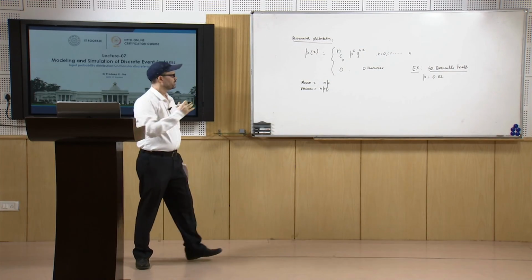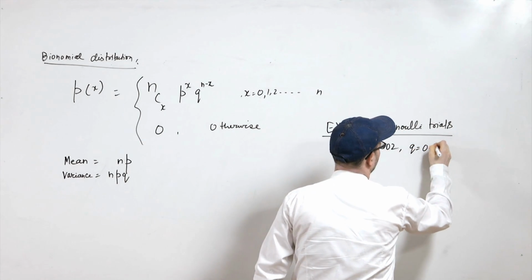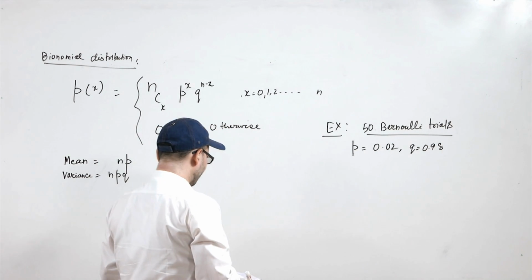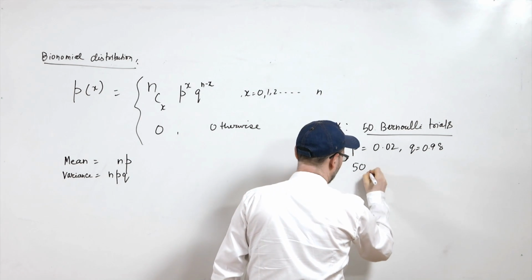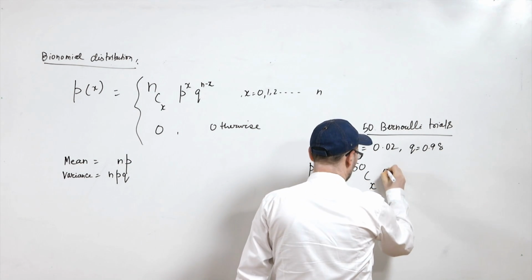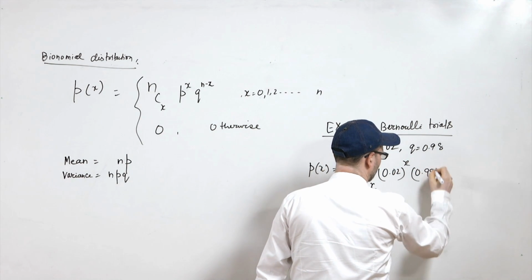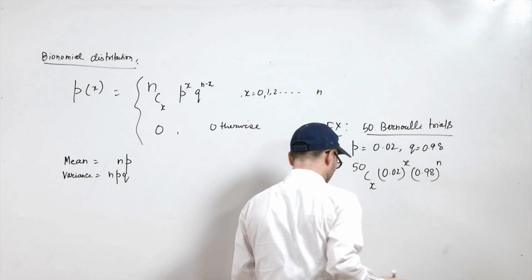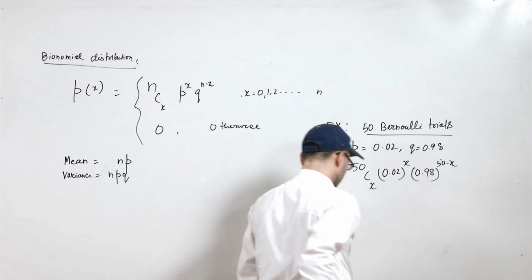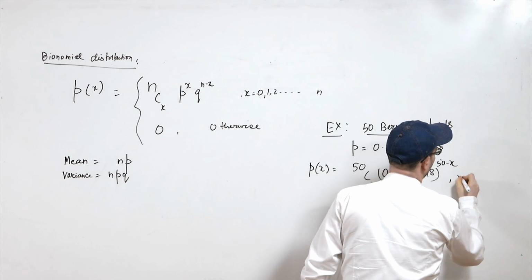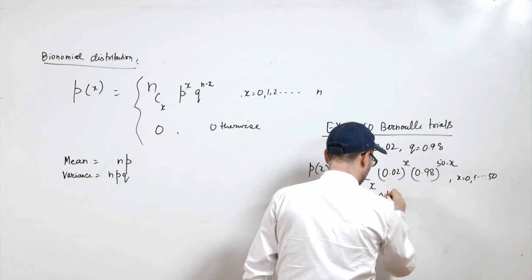In that case, P(x) will be 50Cx 0.02 raised to the power x and 0.98 raised to the power n minus x, that is 50 minus x, for x from 0 to 50, and it is 0 otherwise. So, this is the PDF.